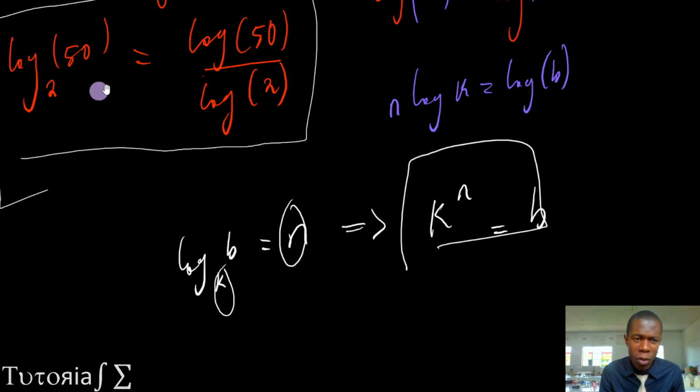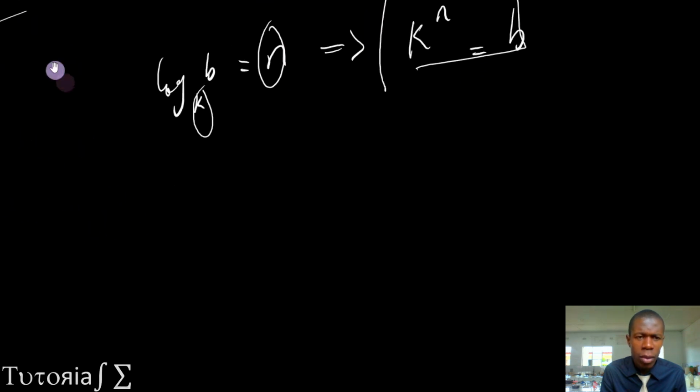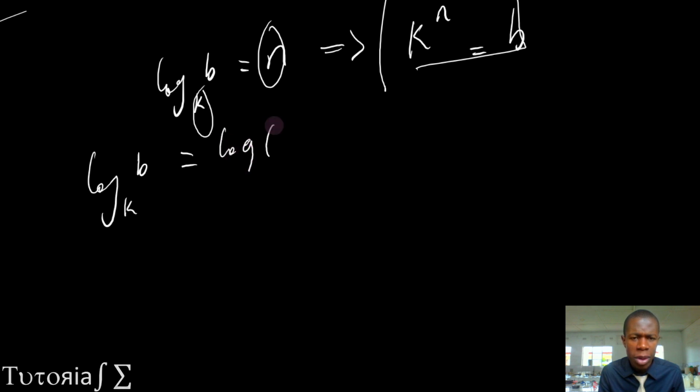Now, to the proof of the theory that I stated here, that is, if you have log b base k, this is the same thing as log of b over log of k in base 10.